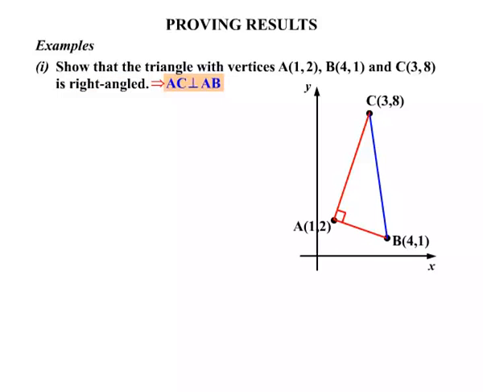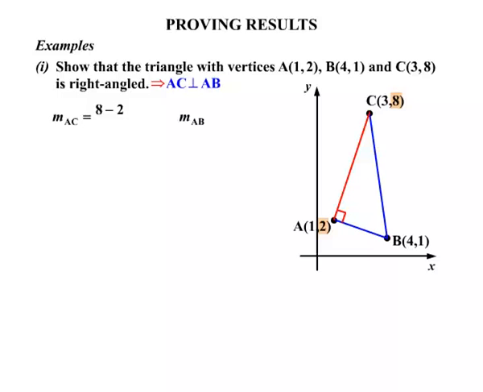Now, as soon as we start talking about perpendicular lines, hopefully you can remember we should be thinking gradient. So the gradient of AC, and the gradient of AB. Those two we're going to try to work out, and let's see what happens. The gradient AC firstly. There's our line AC highlighted. We look at the y values and we subtract.